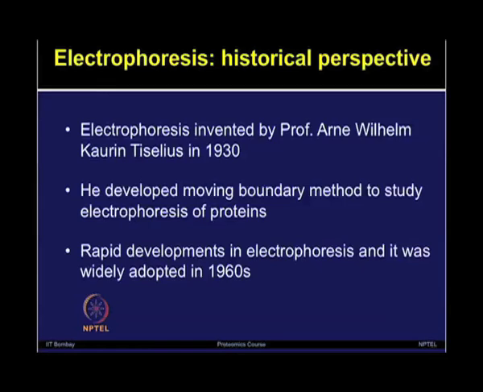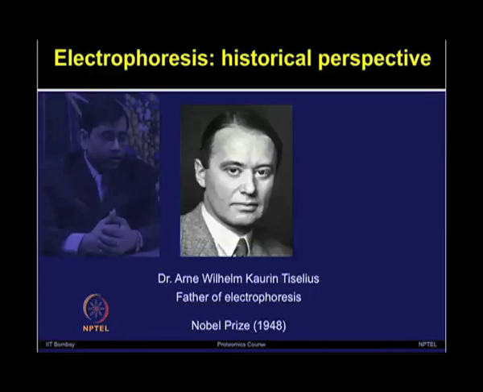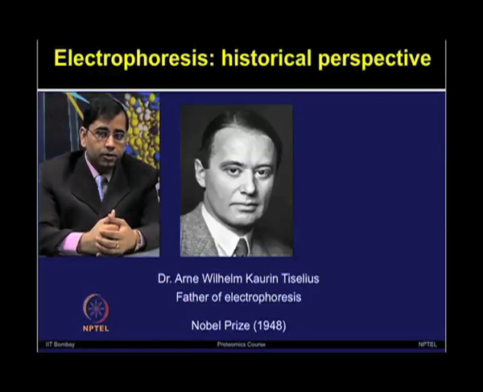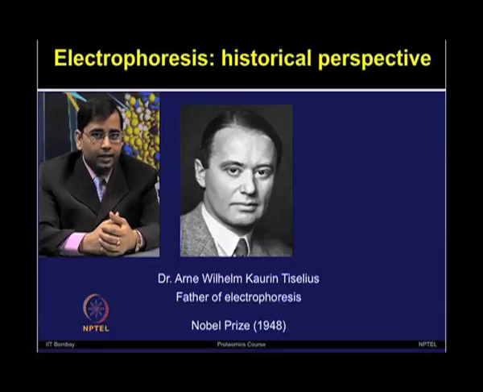Since then, a lot of development happened in the field, and during the 1950s and 60s, this process was highly adopted in different laboratories. So here is Dr. Tiselius, who is also known as the father of electrophoresis. For his great contribution in chemistry, he obtained the Nobel Prize in 1948.